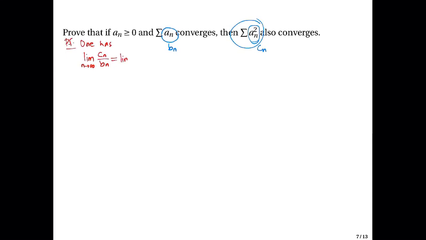This is equal to the limit as n approaches infinity of Cn, which is what we want to prove convergent or divergent, that's your an squared, over Bn, which we compare it to, that's an. Of course, an squared divided by an is just an. This is equal to the limit of an as n approaches plus infinity.